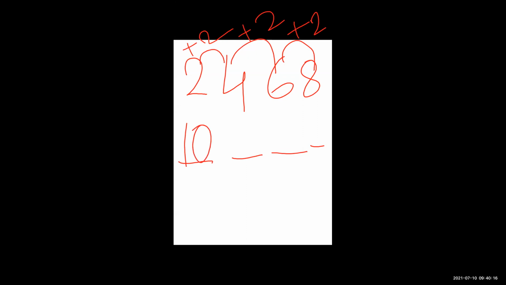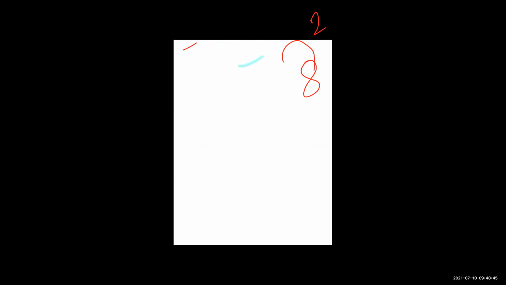Same way, 8 plus 2 is 10, 10 plus 2 is 12, 12 plus 2 is 14, 14 plus 2 is 16. So whether we add 2 to each number, or read the table of 2, we get the same pattern. So this way we have to identify first. We observe all the patterns properly and then we solve.